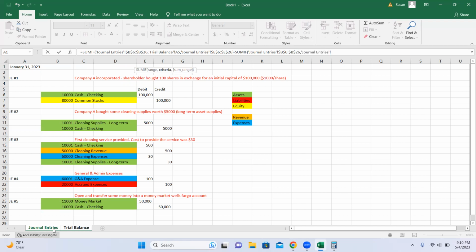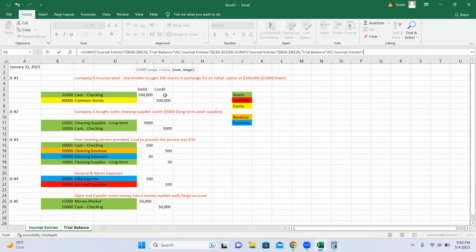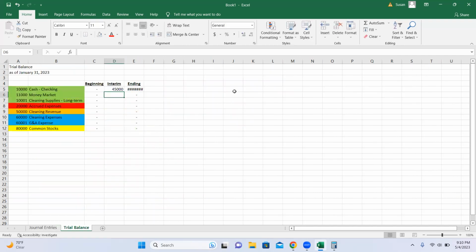Criteria, what I'm trying to look up is the account number, and then the sum range. So I want to total the credit side now. And close parentheses.